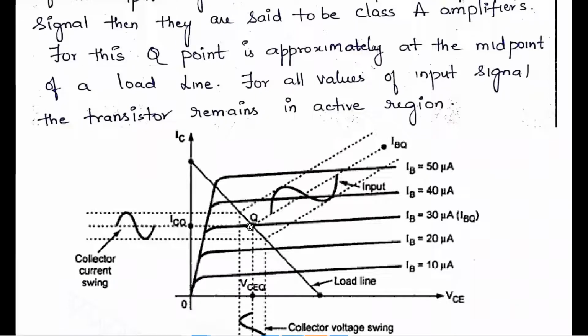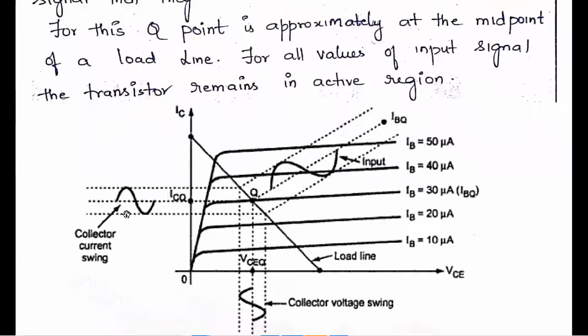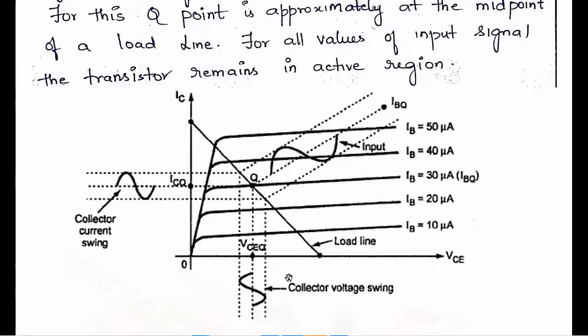Now, if you give AC input, the signal swing takes place along this line in accordance with the base current. The collector current swing takes place along this line shown here to the left side of the graph, and the corresponding output voltage signal takes place, again along the straight line shown at the bottom of the graph.